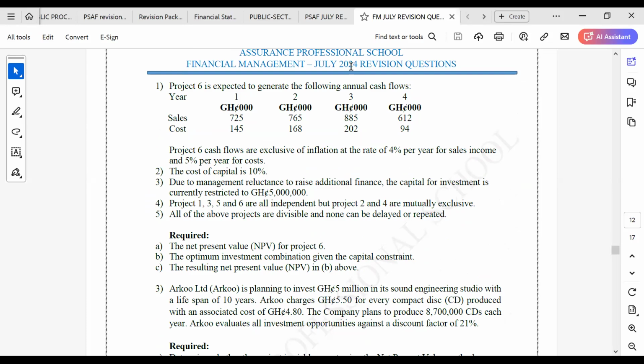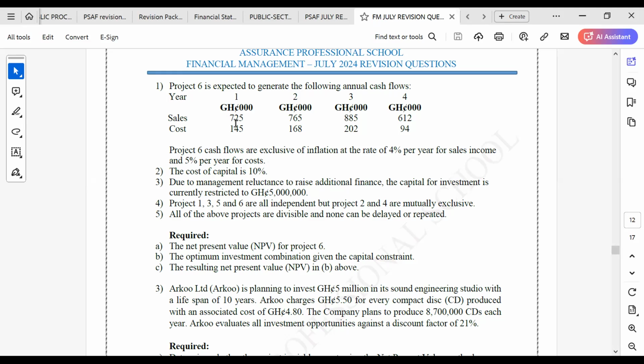What we have to do is that if the inflation rate will be the same, you can only find the contribution and multiply it by the rate. But what we have to do is that assuming these figures are what you have to know.